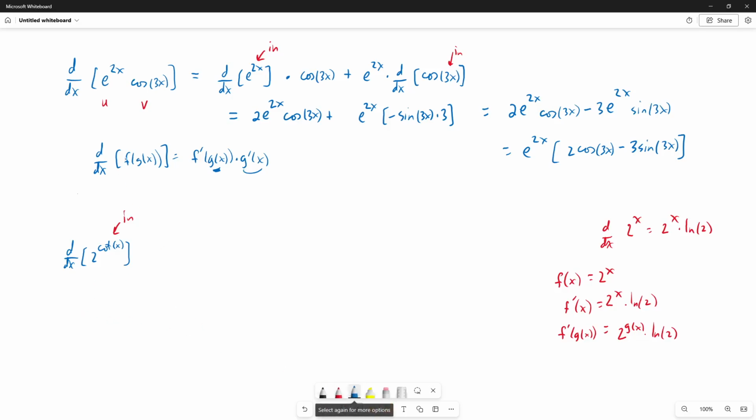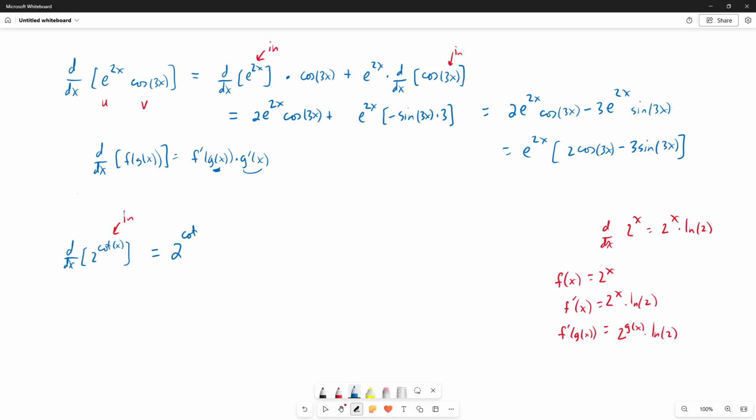So we take the derivative of the outer function, which is the exponential function with base 2, and we leave the inside function in, so that's the cotangent. So our f prime of g of x part of the chain rule will be 2 to the power cotangent of x times the natural log of 2.